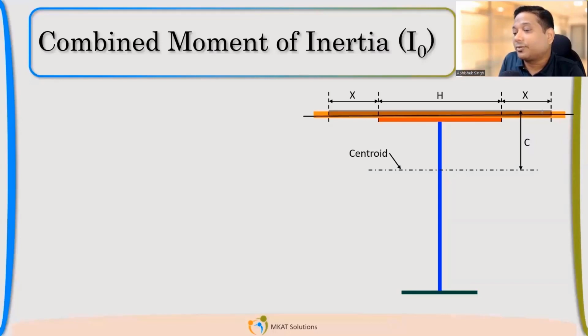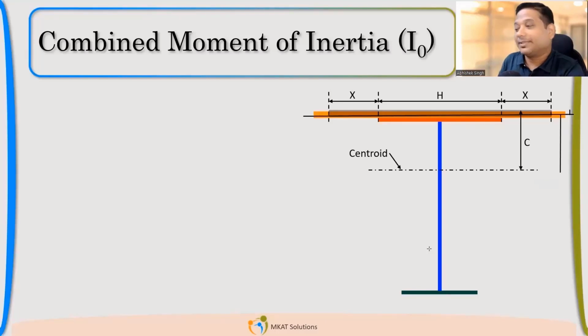If I'm starting from this distance, so y by 2. First I'll take the moment of inertia along this axis, then I'll move it to this axis. Up to C distance we'll have to move, right? So A multiplied with exactly this distance. What is this distance? Nothing but C minus y, because this small distance is y, which is b by 2, thickness by 2.